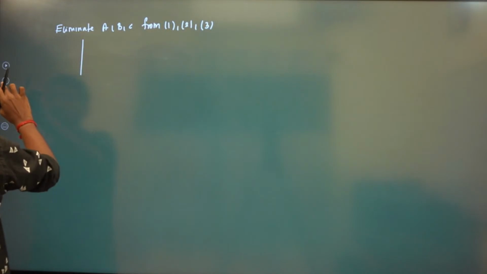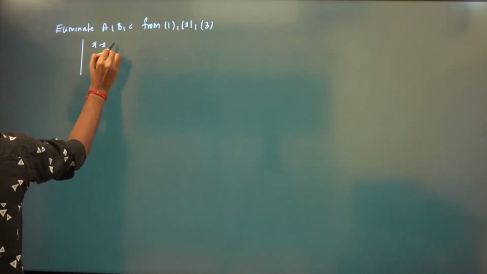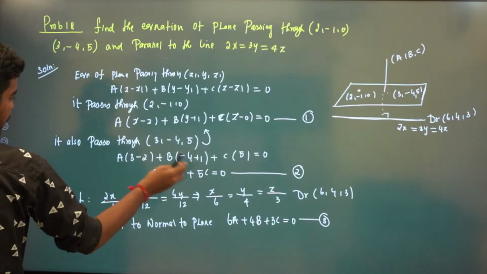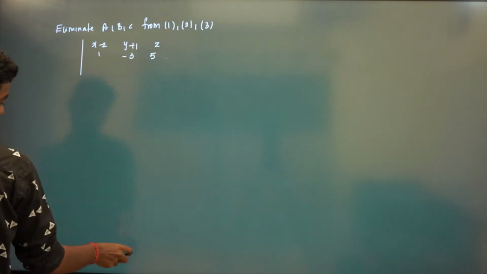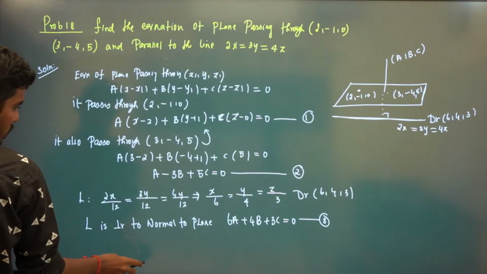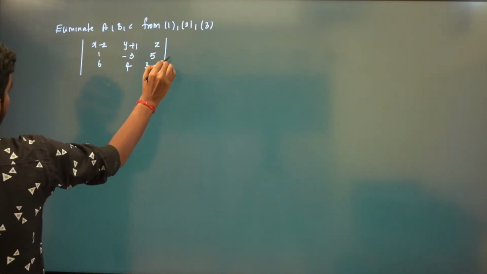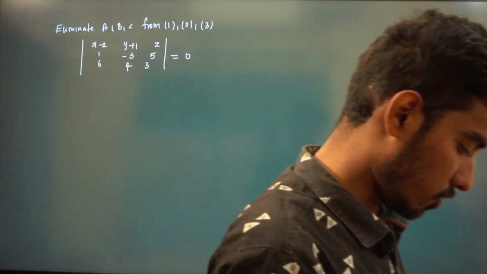Just have to eliminate this, take determinant x minus 2, y plus 1, z. Here we have 1 minus 3 5, and here we have 6 4 3. You just expand this determinant. This way also you can find the equation of plane. Usually we will do the cross multiplication method and then work it out.